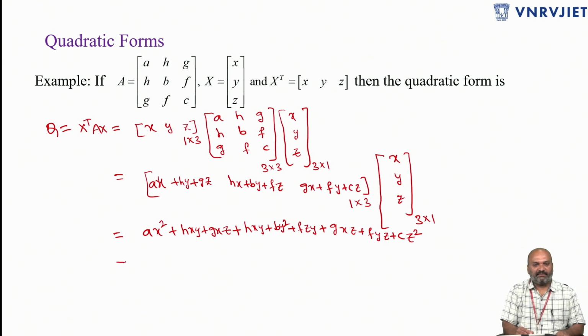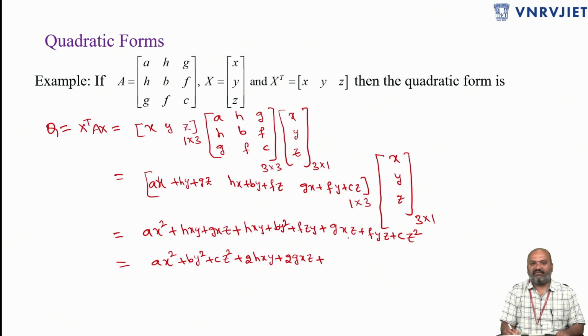Let's simplify this. Write all square terms together: ax square plus by square plus cz square, plus the product terms together. Here hxy plus hxy is 2hxy. gxz plus gxz is 2gxz, or zx also you can write.